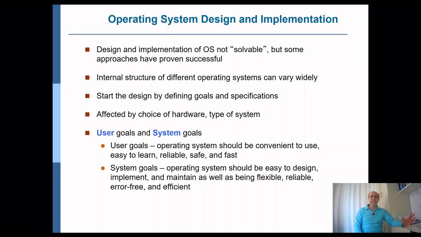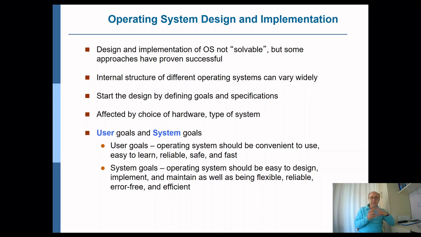When we are designing operating systems, there is not a single solution that's provided. So I cannot say this is how to design an operating system. The internal structure of an operating system depends on the design, depends on the operating system. So each operating system has a different design.